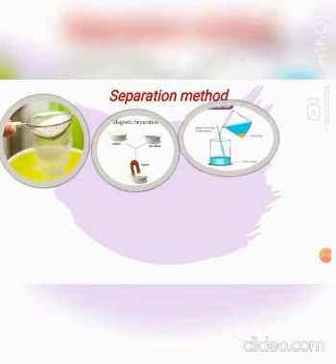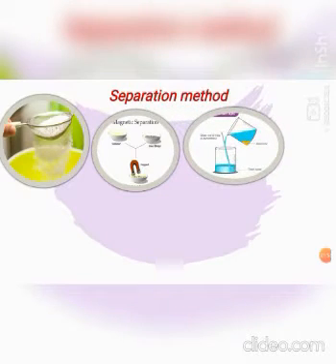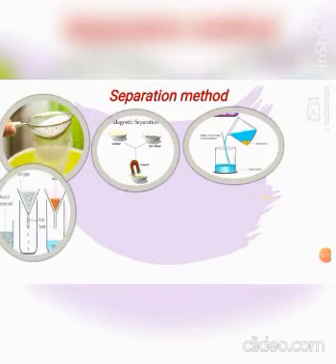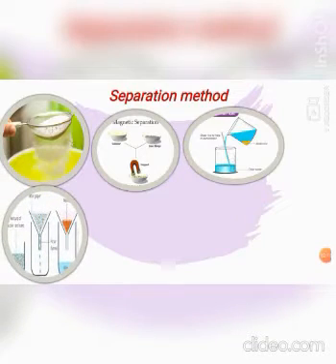The next method is sedimentation. In this method we allow the mixture to stand for some time. The solid settles at the bottom as the sediment, and the liquid layer, the supernatant liquid, is separated using the process of decantation.